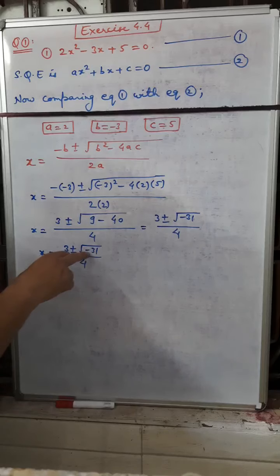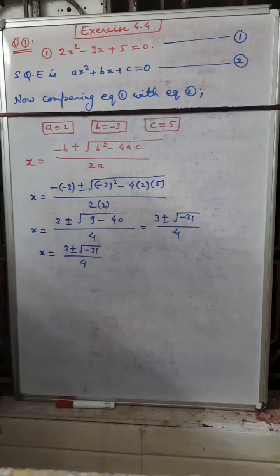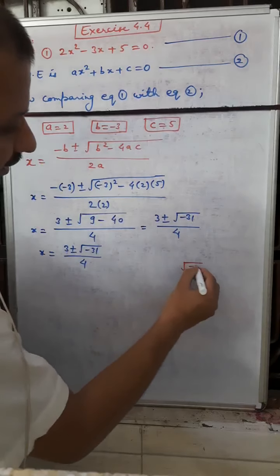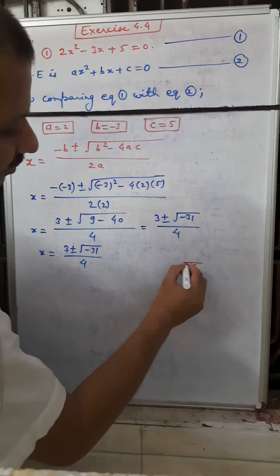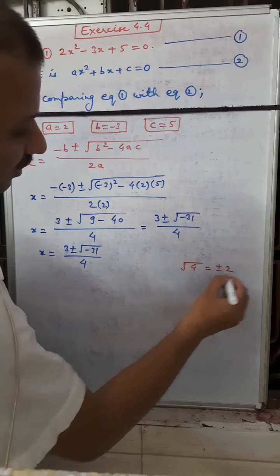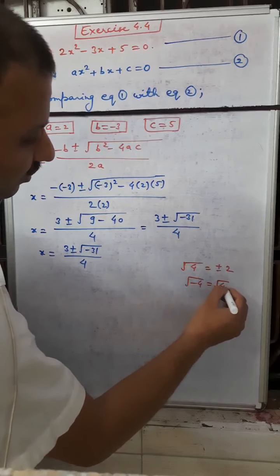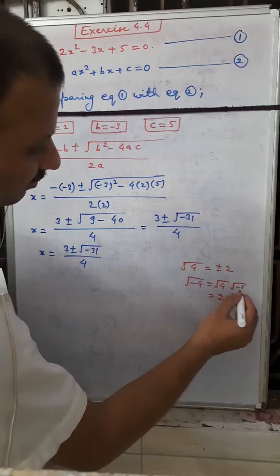If it were positive, under root plus 31, we could write root 31. But minus 31 is an imaginary number, because root of 4 is equal to plus minus 2, but root of minus 4 is equal to, we write 4 under root minus 1, so root 4 is 2, and root of minus 1 is equal to i.